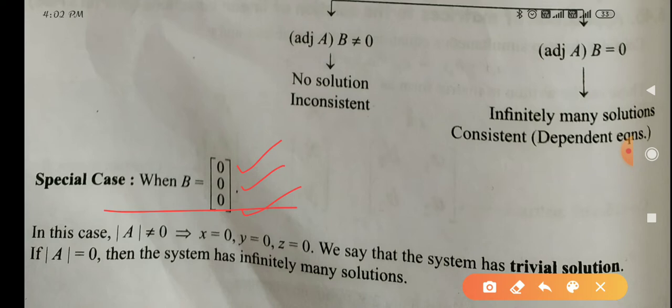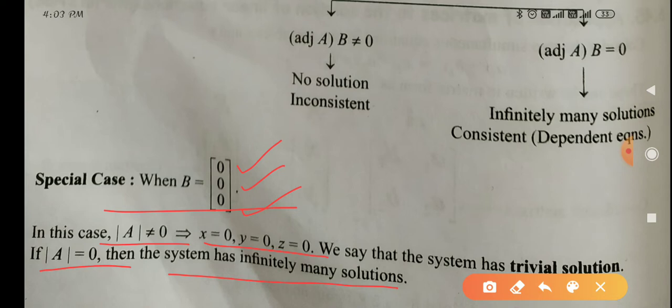With the help of those constants, if you are making a matrix and it is 0, 0, 0, means all constants are 0, in every equation constant term is 0, and determinant A is not equal to 0, then x equals y equals z equals 0 directly you can write, and we say this system has trivial solution. And if determinant A is equal to 0, then system has infinitely many solutions directly you can say.